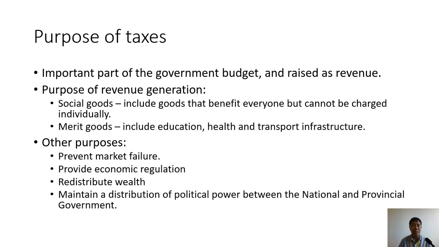So what it means is that when government provides social goods, it will be for the benefit of all. They cannot specifically say this particular person will only benefit on this tax and this will not. And also merit goods. Okay, it needs to support education, health, and transport infrastructure.